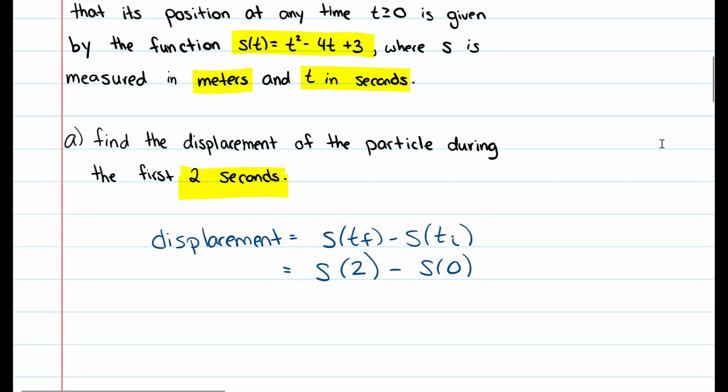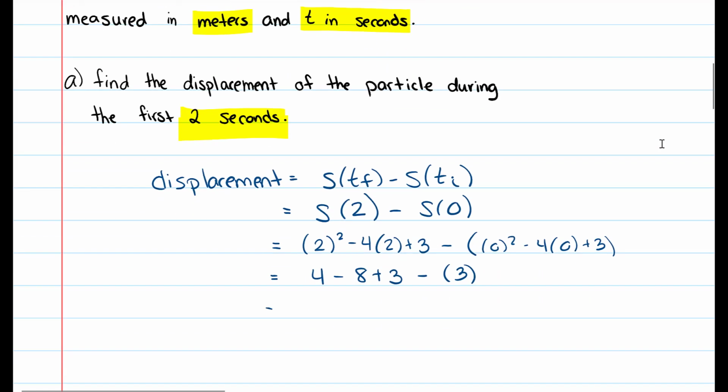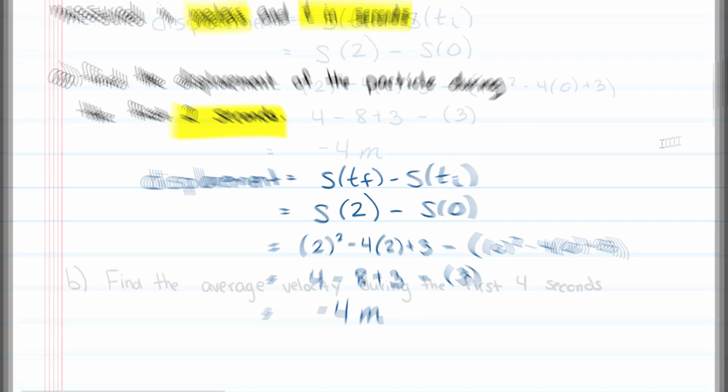So now we just have to find s(2) and s(0). And so the displacement is negative 4 meters. During the first 2 seconds, the particle has moved negative 4 meters from its starting point.